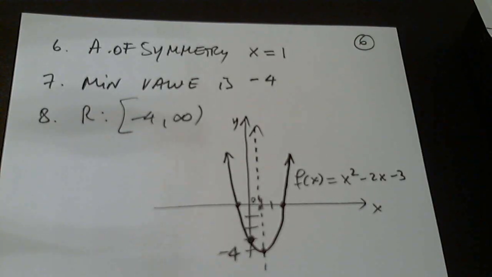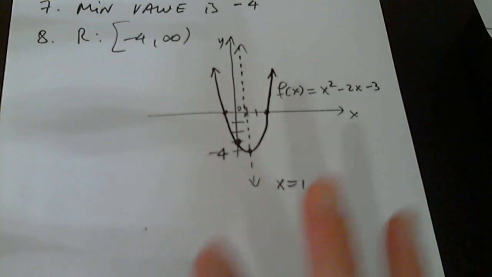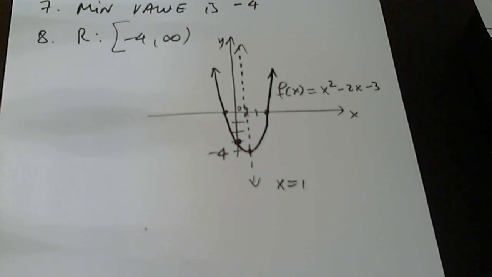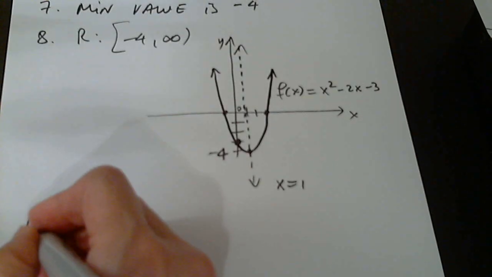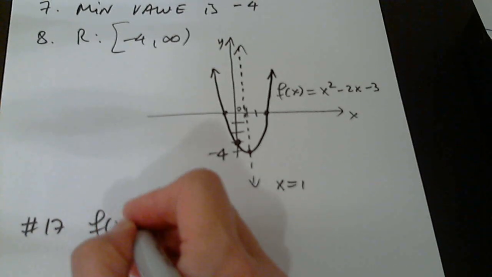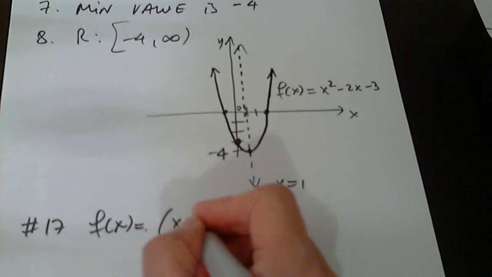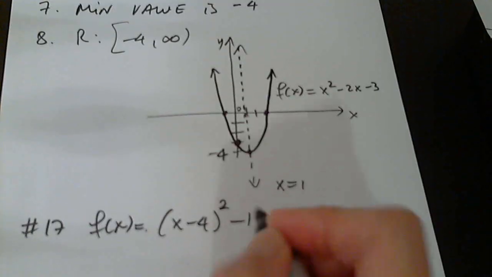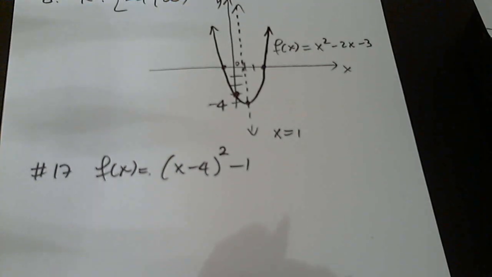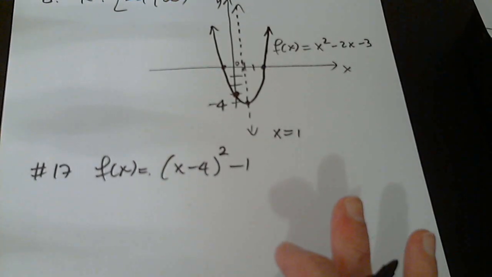Now, what is the difference between what we just looked at and something like this? f of x equals (x minus 4) squared minus 1. No difference.